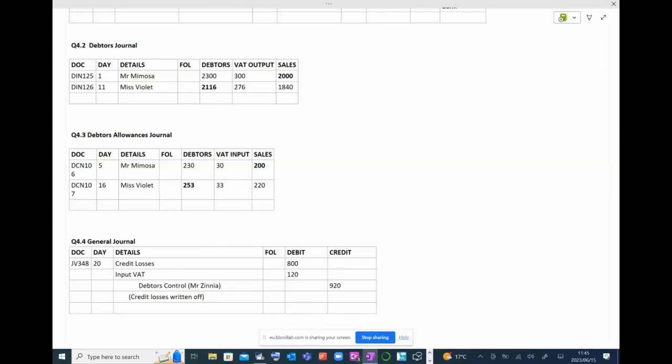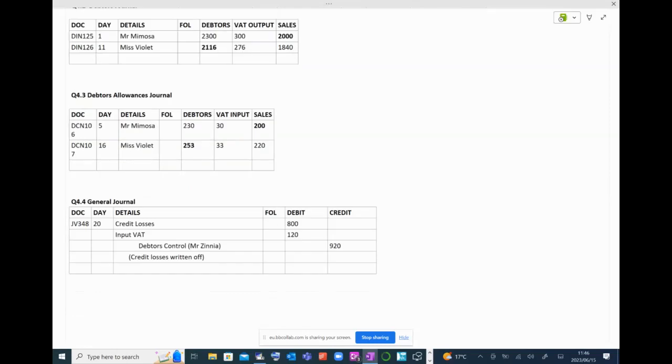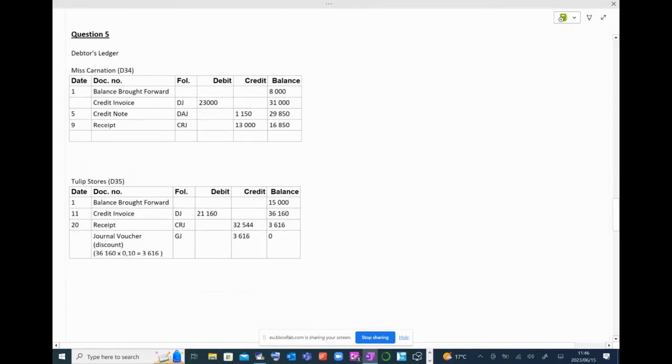But now this person gets liquidated, sequestrated, is insolvent. They're not going to pay us, so we need to reverse that output VAT. How do we do it? With the input VAT. And obviously your debtors control is decreasing. That was your question 4, your journals.